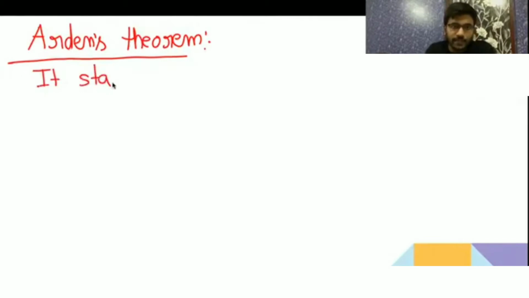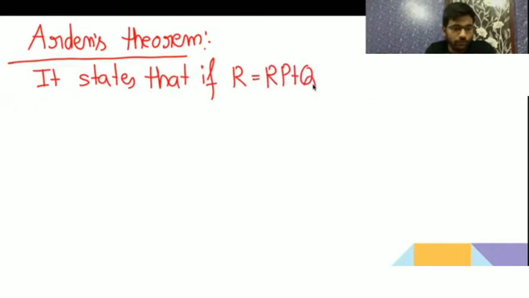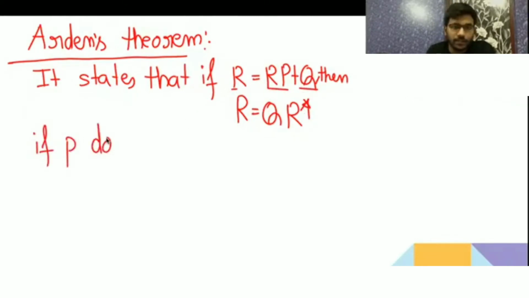It states that if R equal to Rp plus Q, then R equal to Qp star, if P does not contain epsilon.